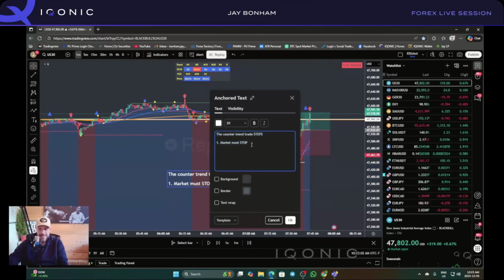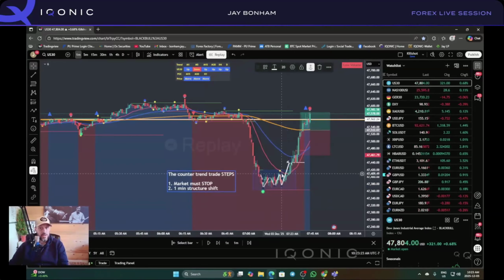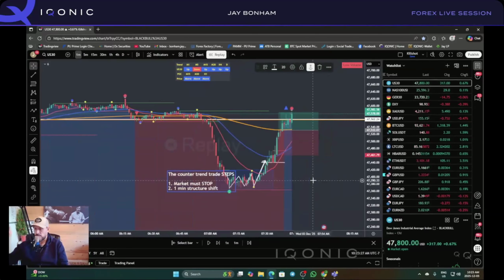Okay. Second thing is 1 minute structure shift. That means you see it start to create higher highs and higher lows, right? Higher highs, higher lows. That means your structure is moving up.